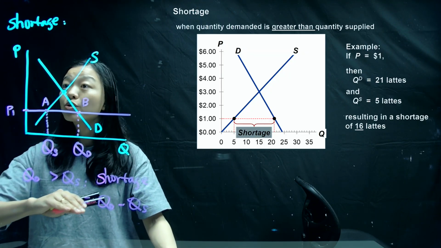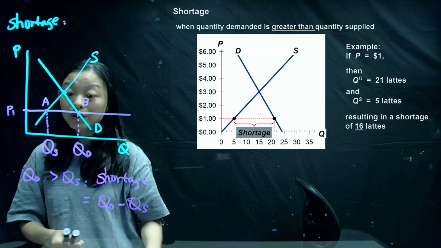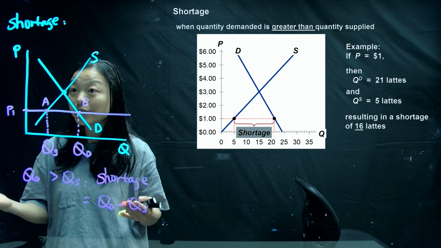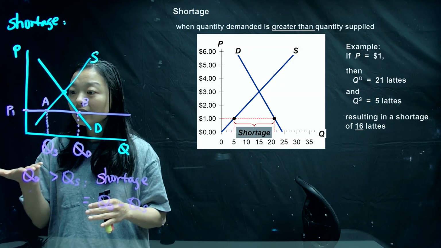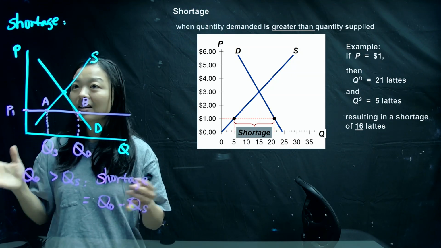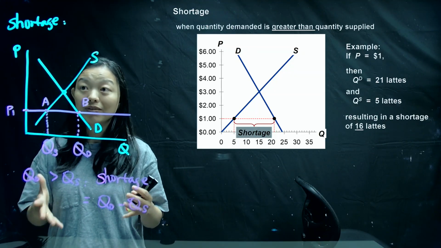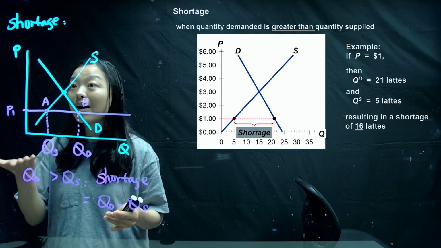When the market is facing shortage, the market is not stable as well because consumers would like to buy more. However, sellers do not have enough products. Then what do we need to do? The consumers might bid up, right? Just like the housing market. If there are not enough houses available in the market and buyers want to buy a house, they will level up their offer.